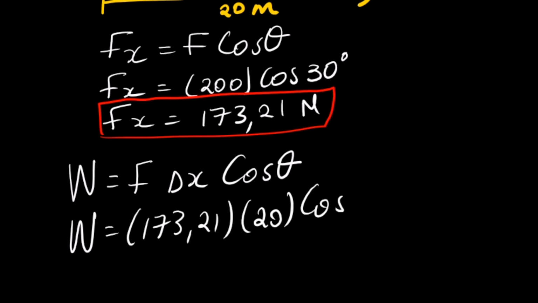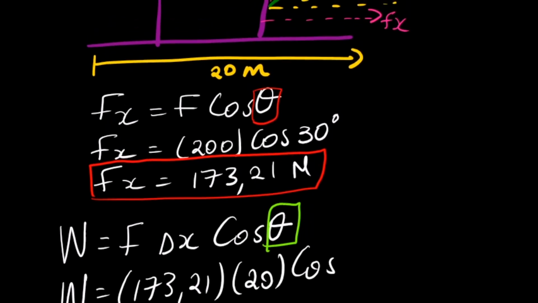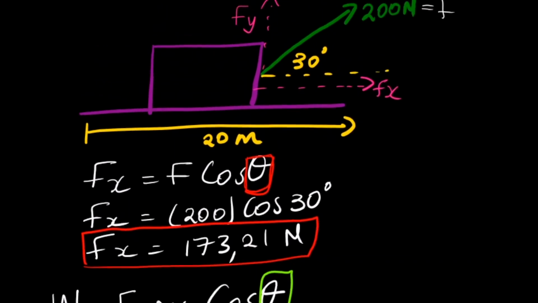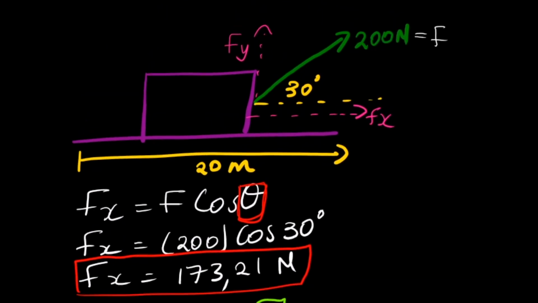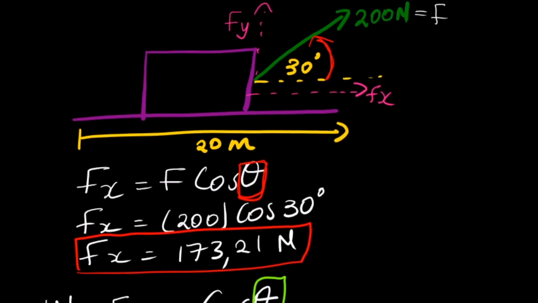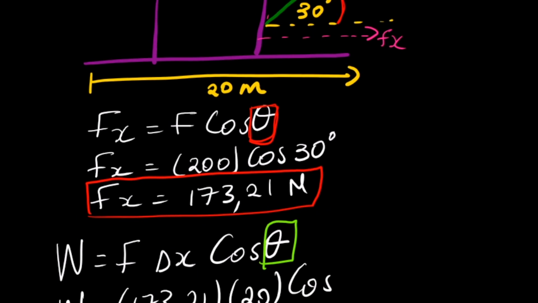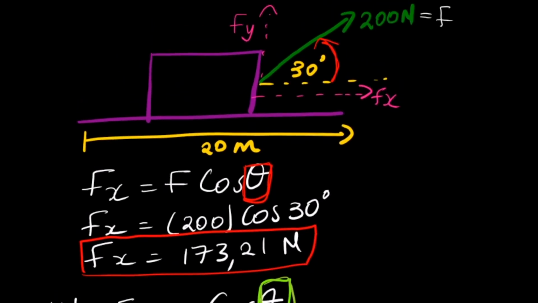Cos, now we must be careful of this angle. This angle and this one, these are two different types of angles. This angle, the red one, it's the angle between the original force and the reference line. Or you can say the original force and the displacement. Now this one, the green one, which angle is this one?